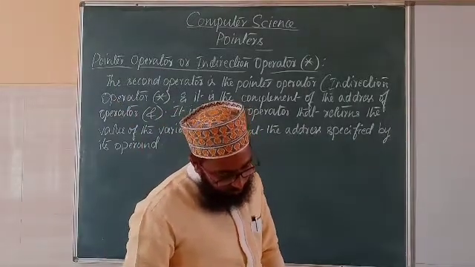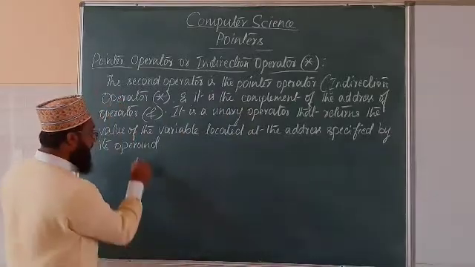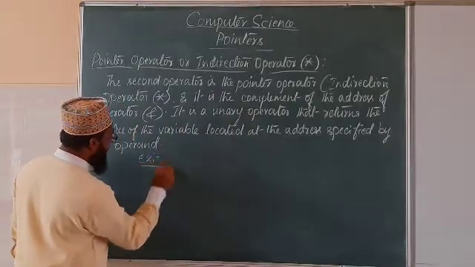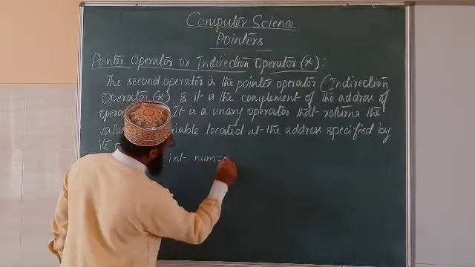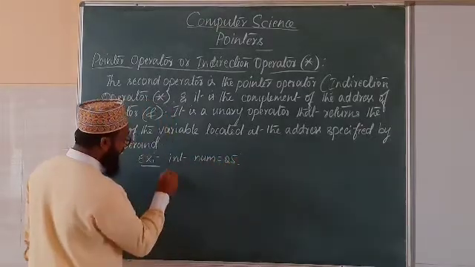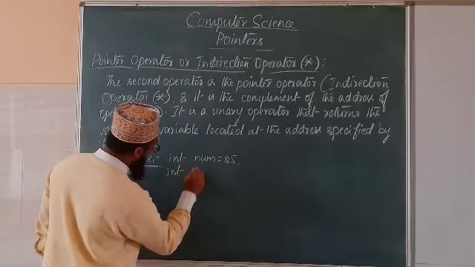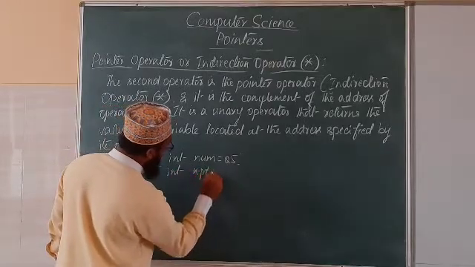Now take the same example. Int num equals 25. Then int star ptr.